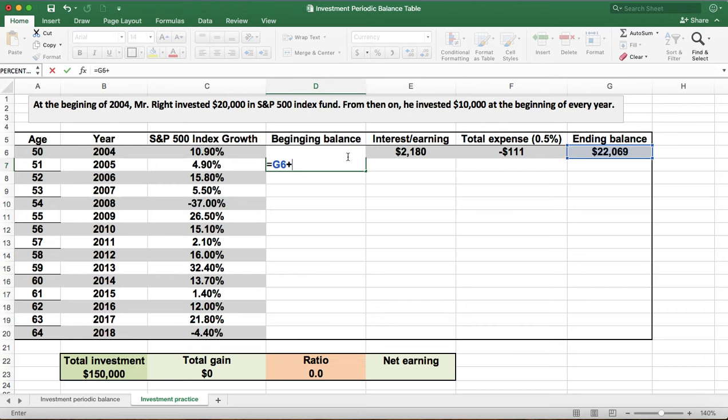So plus 10,000. And then the earning for this year is the beginning balance times the growth rate.